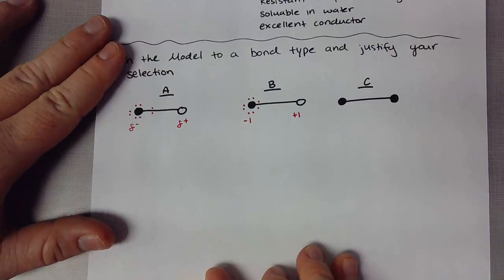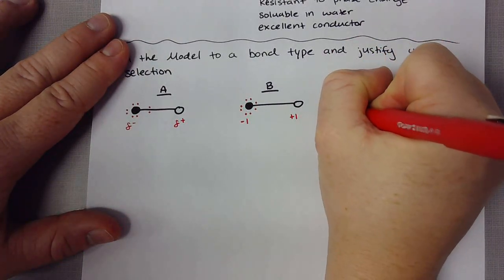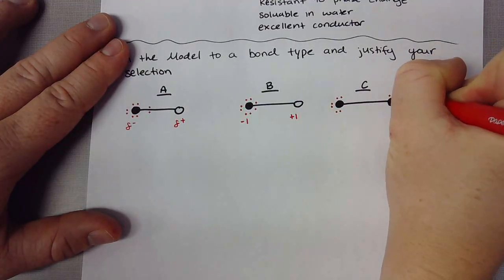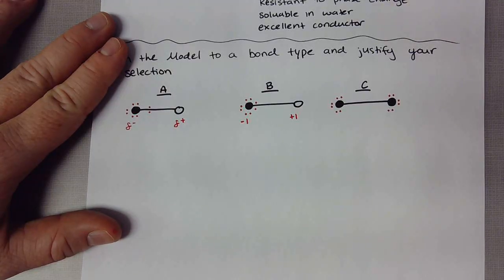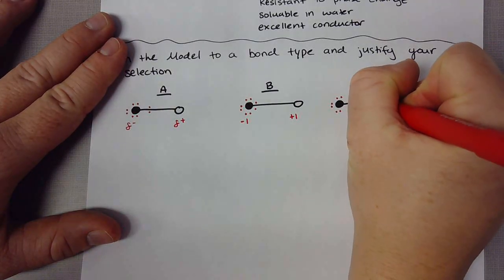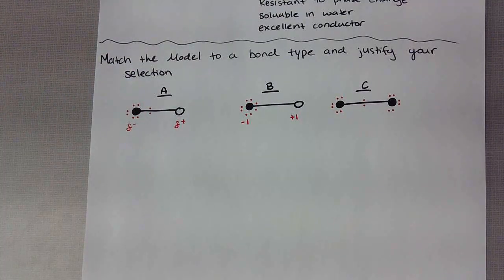For C, I am going to give each element 6 electrons. The 2 more electrons they need in order to complete their octet are going to be placed directly centered on the bond. I am going to indicate no charges. Okay, and now I'm going to match the model with the bond type.